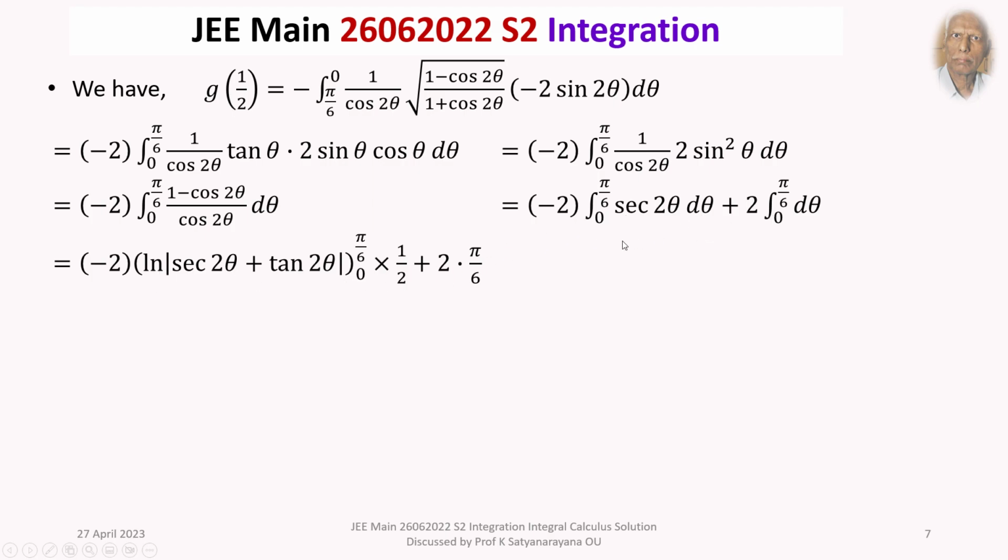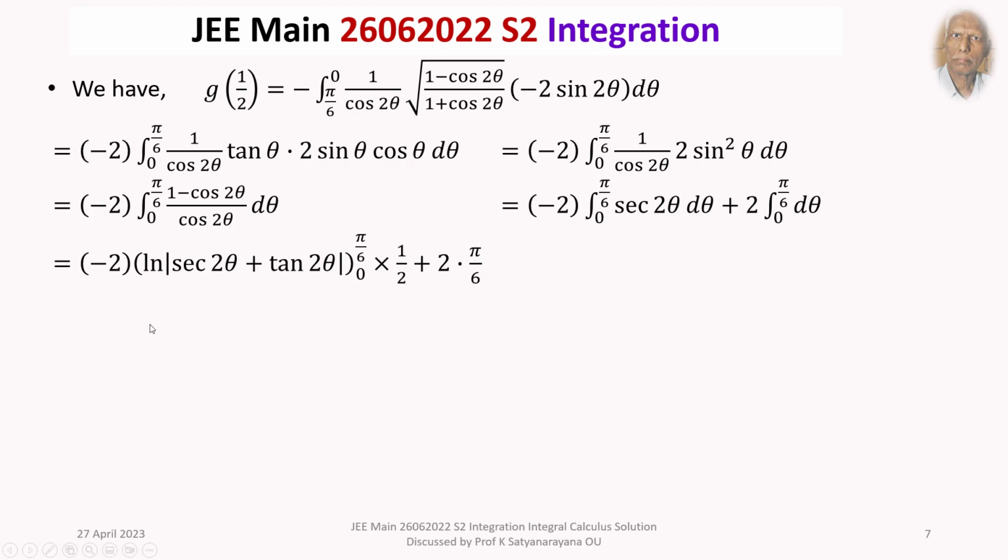So the integral is ln, logarithm of mod of secant 2 theta plus tan 2 theta, to be evaluated between 0 to pi by 6, with the differential of 2 theta being 2, so what we have written is 1 by 2 because of the 2 theta, plus 2 into integral of 0 to pi by 6 d theta is theta only. Theta when evaluated 0 to pi by 6 is pi by 6. So 2 into pi by 6. And this 2 cancels, and 2 ones are 2, 2 3s are 6.